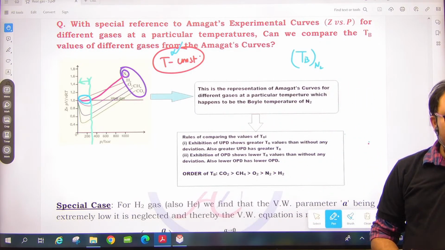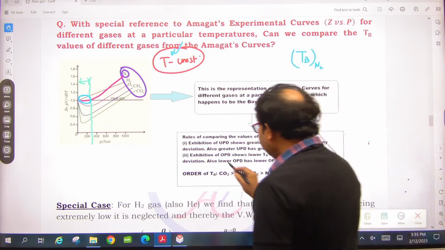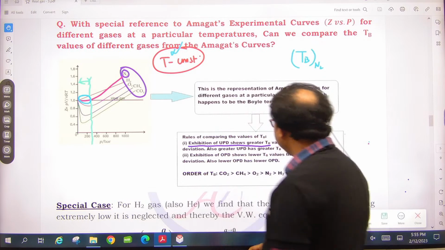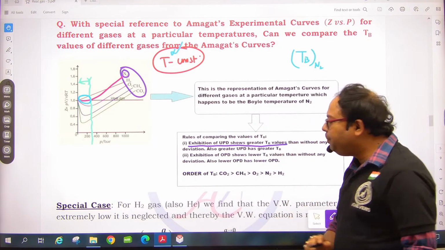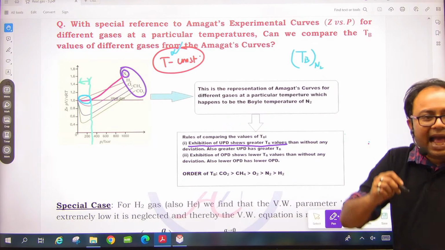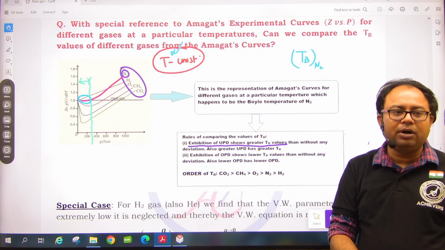Now there are two rules to ascertain the other TB values. Rule 1: exhibition of UPD shows greater TB. The gases which exhibit UPD will show greater TB values.